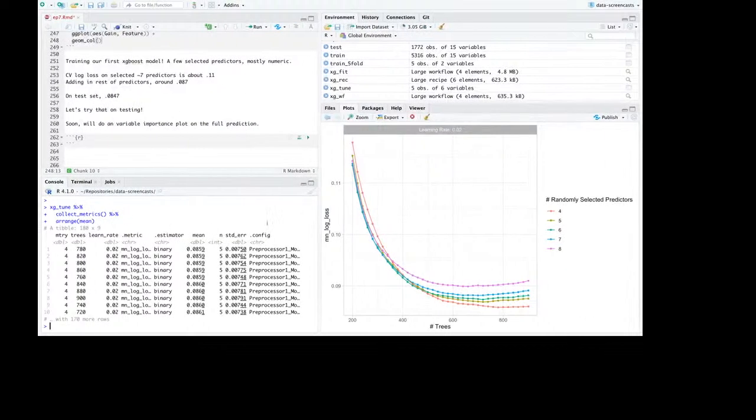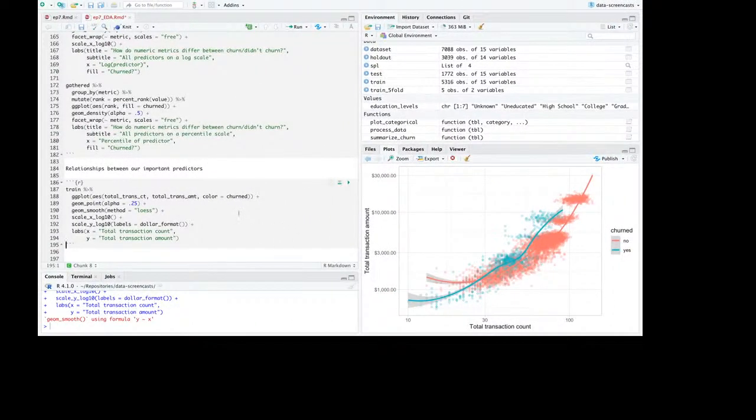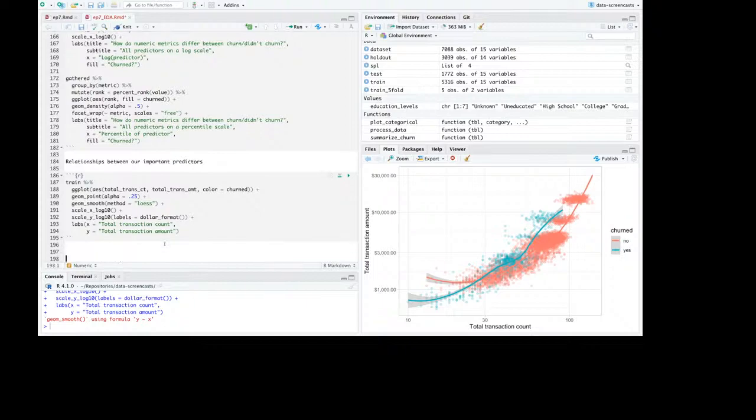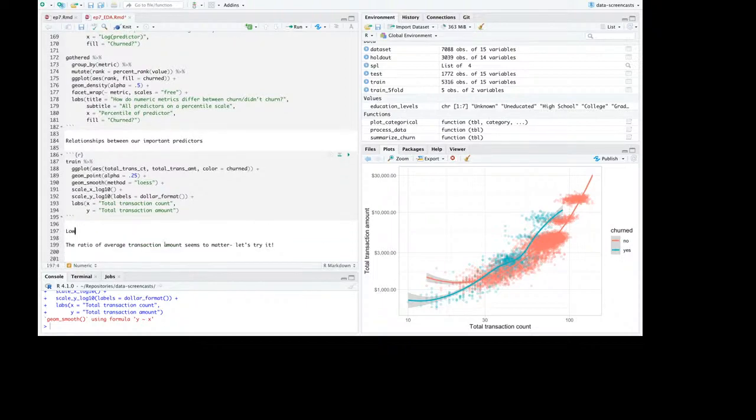It's a little bit slow, but not too slow. Look at this: for total transaction amount, the people that churn have higher amounts at higher transaction counts. There's a ratio of average transaction amount, and low transaction count.